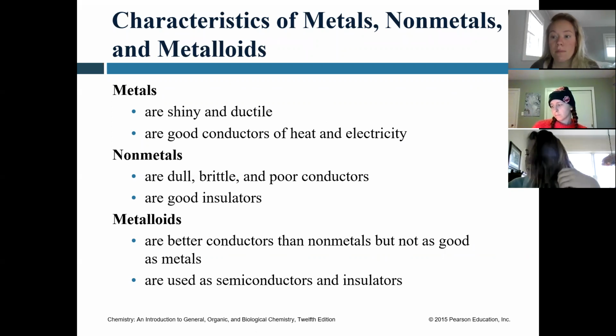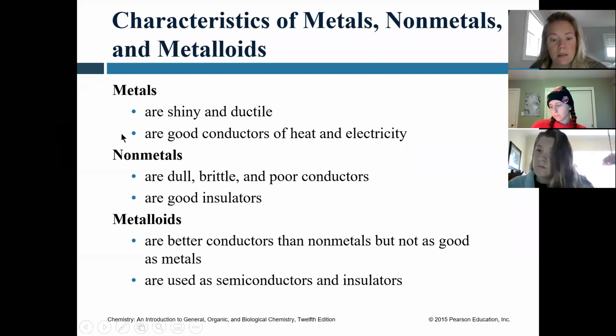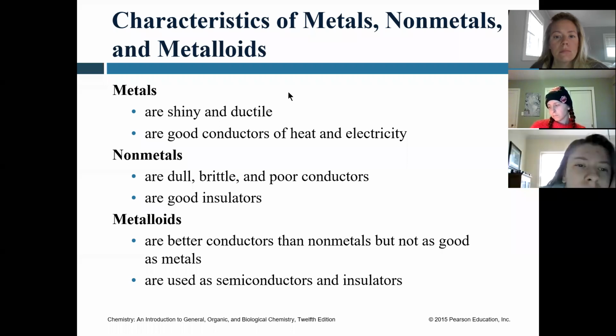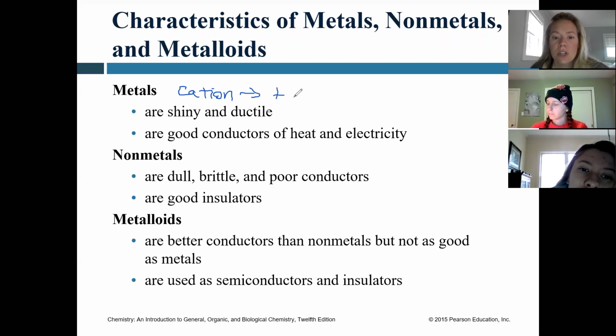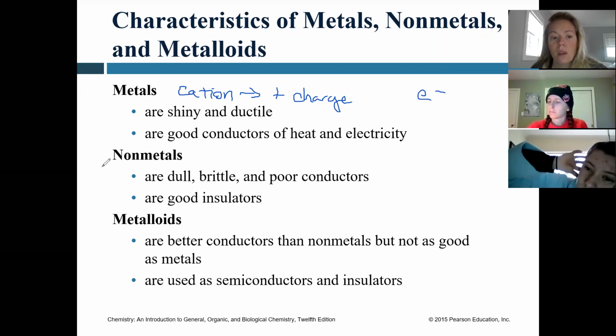Another thing you can write with metals is that they like to form cations. A cation is just a positive charge. They like to lose electrons to keep a positive charge. Remember, electrons are negative. So if you get rid of them, you become more positive.